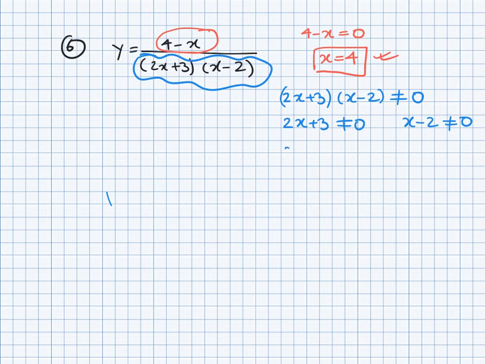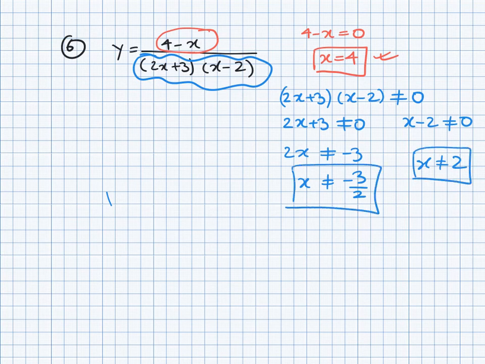And we need to solve that. 2x can't be equal to -3. Divide both sides by 2, x can't be -3/2. And this one can't be equal to 2. Okay, more critical values.